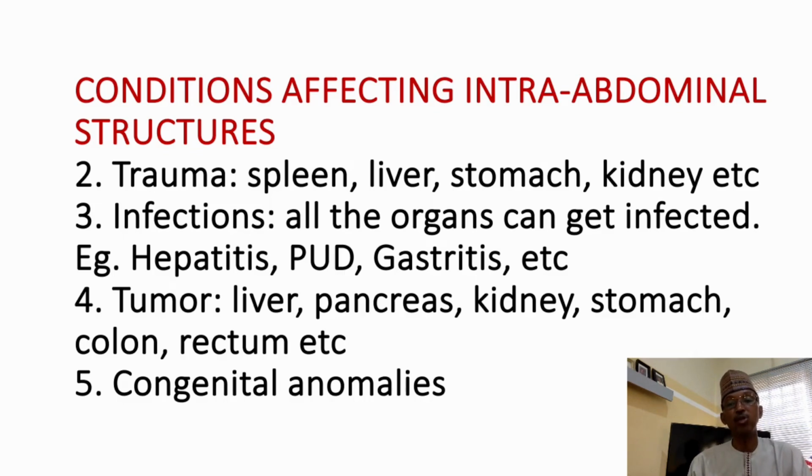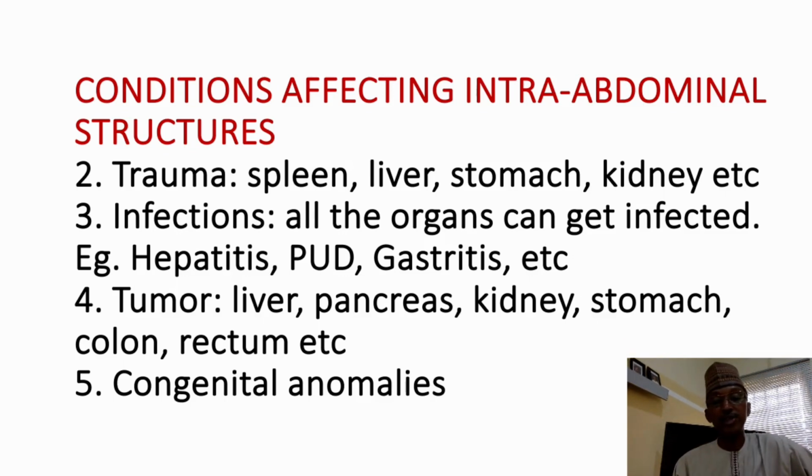The liver, the stomach, the kidneys, any of them can get affected as a result of that trauma, either domestic trauma or road traffic accident. Again, infections: any of the organs in the abdomen can get infected. If the liver is infected, that is what we call hepatitis.